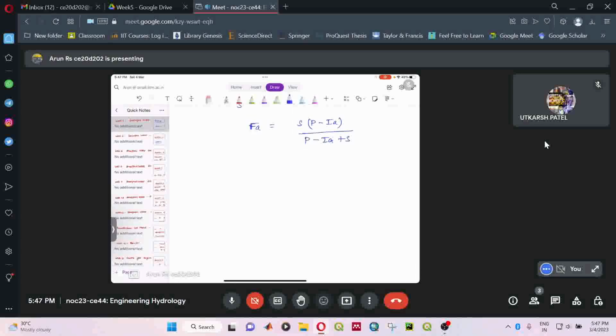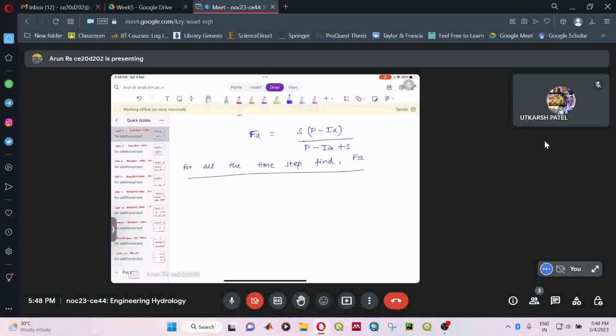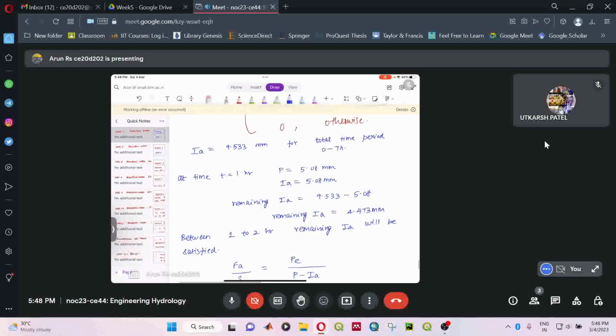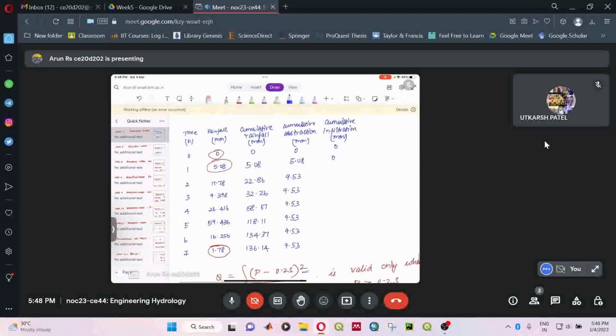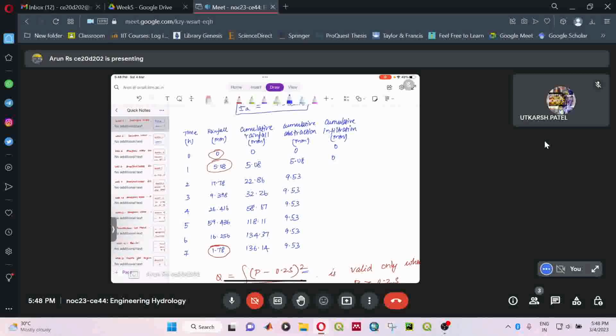For every time step, we will be finding out this equation. For all the time steps, we need to find FA. Once we compute that, we will be getting cumulative infiltration. For every time step, I have computed already.